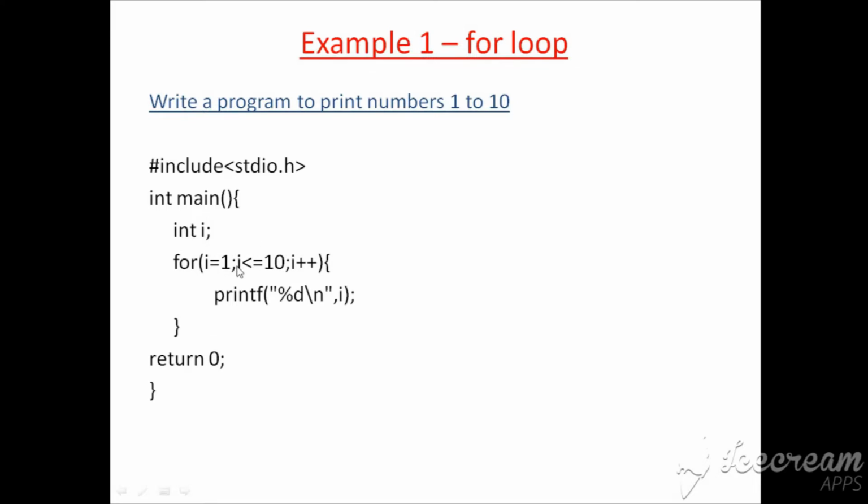Then we put a condition: until the value of i is less than or equal to 10. And then we put the increment operator, that is i plus plus. So after executing this statement, it automatically increments the value of i by 1.